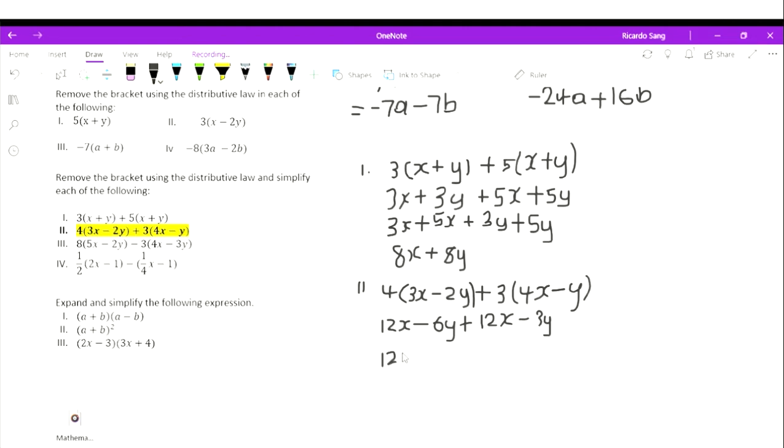So this is going to become 12x plus 12x minus 6y minus 3y.